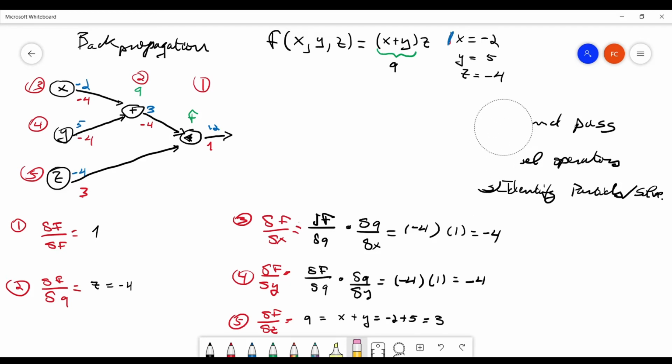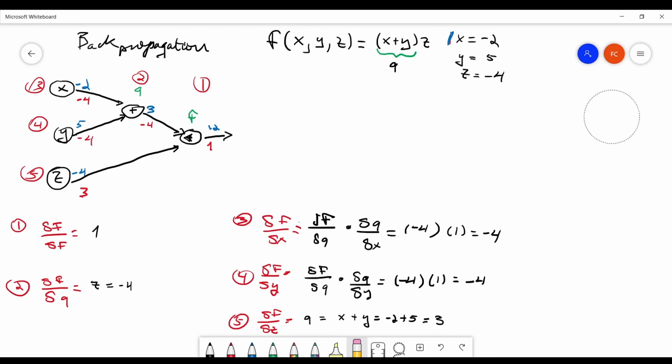Now, what does this mean in practice? Let's take this guy right here. Let's take partial f over partial x, which is equal to -4. What this means is that if we increase x by a little bit, then our entire function is decreased by 4 times what that little value was.